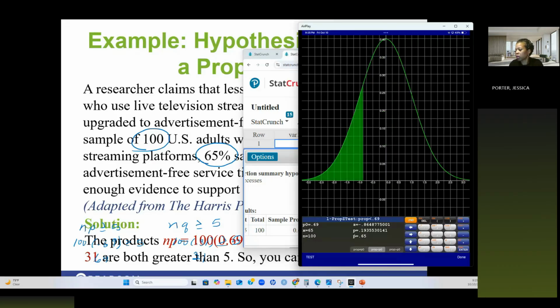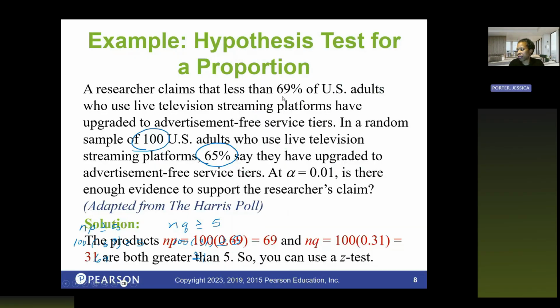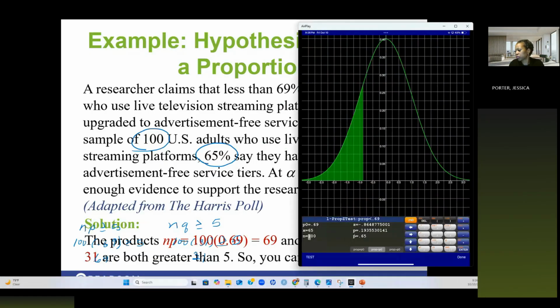I made sure at the bottom that I selected the less than, and then put in the specifications of the problem. The P0 is the population or claim amount, the 69%. And this is a left tail test. It gives you the Z statistic, the p-value, and p-hat.